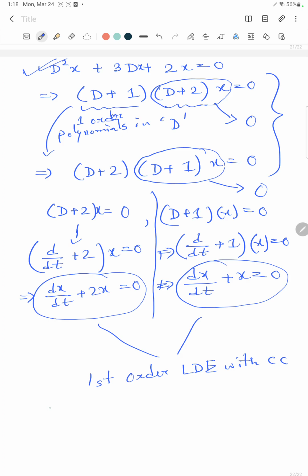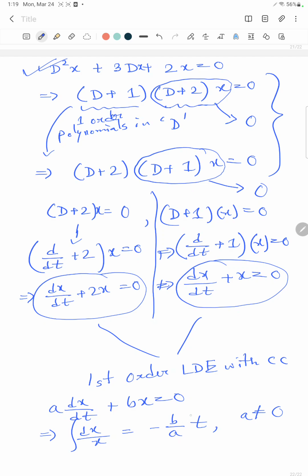For example, if you take any first order linear differential equation like this, you know how to solve it. It is very easy to solve. Simply you can write dx by x equal to something into dt, and obviously a is non-zero.